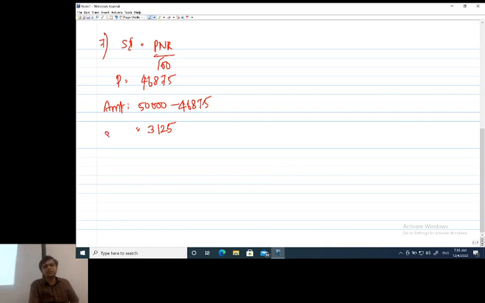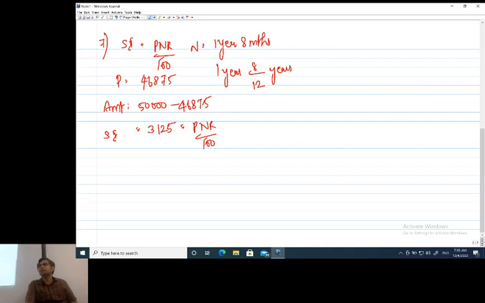So this is my simple interest. This is equal to PNR by 100. What is N given to be? 1 year, 8 months, which is nothing but 1 year, 8 by 12 years. Either convert everything into months or convert everything into years. Okay? So 8 by 12 is how much?